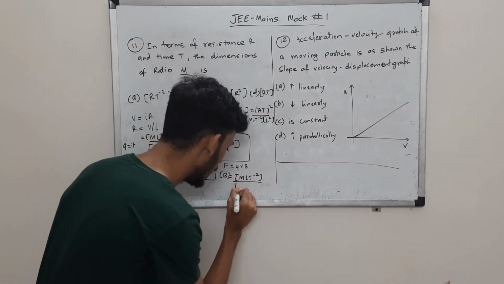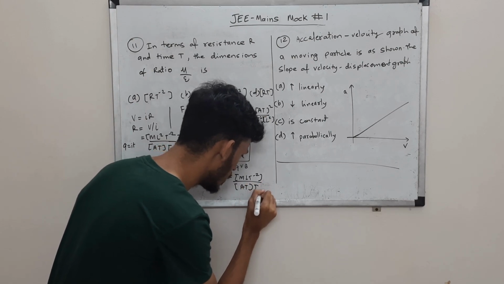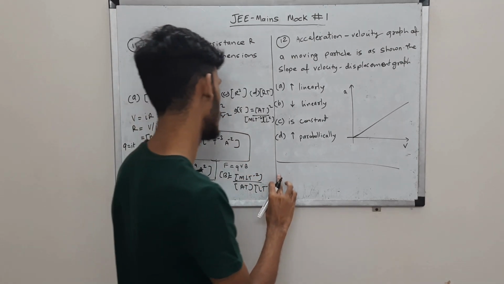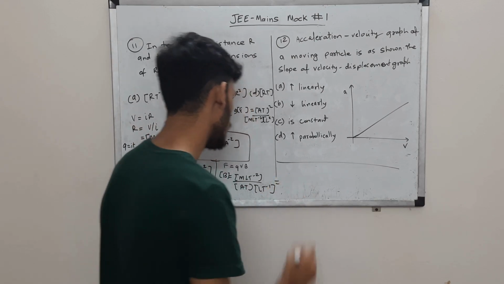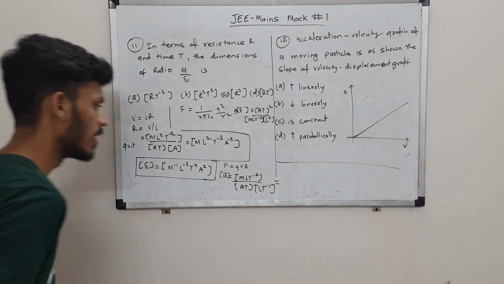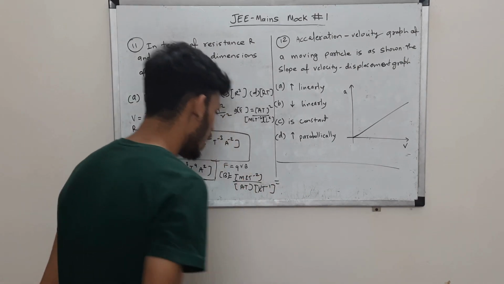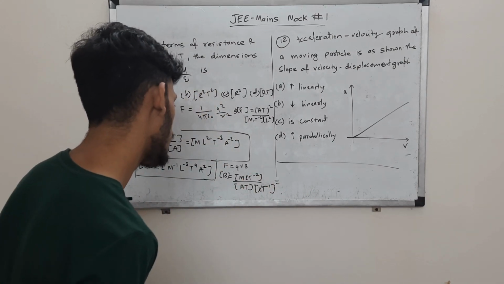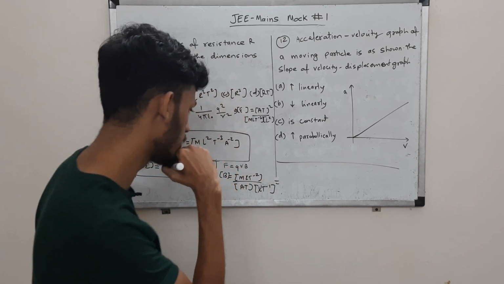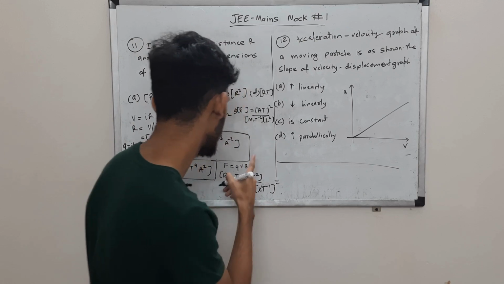Q is AT as we know, and V is LT to the power minus 1, meters per second, right? So this gives us, what does this give us? L and L will get cancelled out, and this will be T to the power minus 1 only, right?